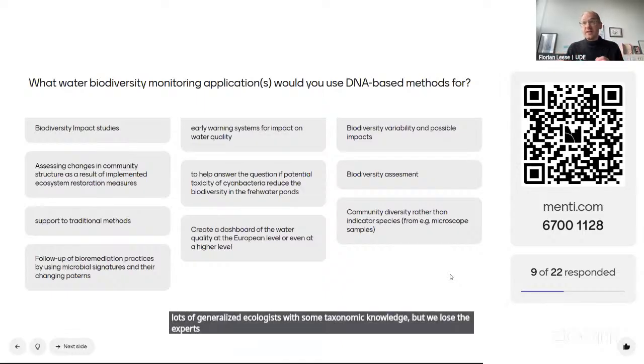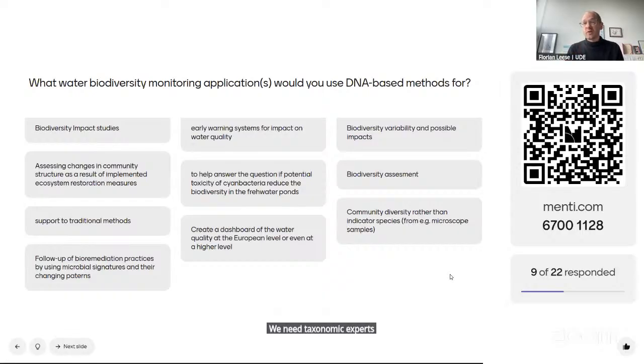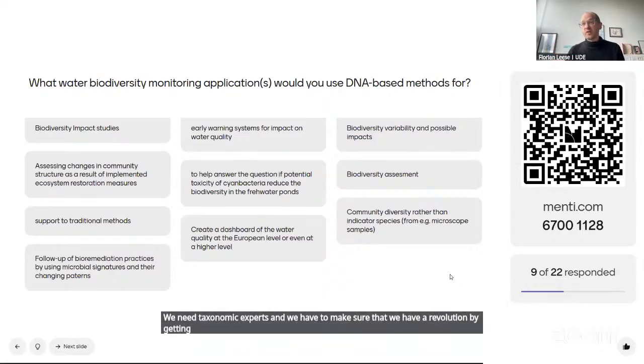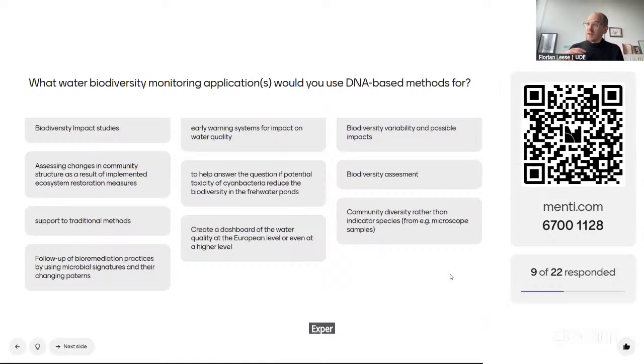We really need the taxonomic experts. We don't need ecologists that can use AI identification methods or keys. We need taxonomic experts, and we have to make sure that we have a revolution by getting more of really the nerds, the experts for specialized groups.